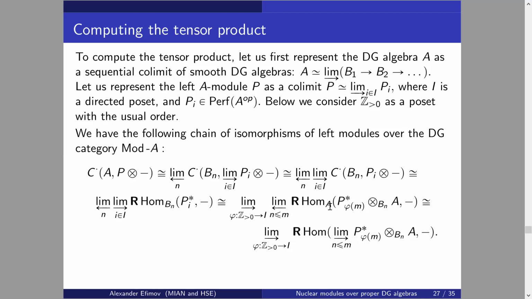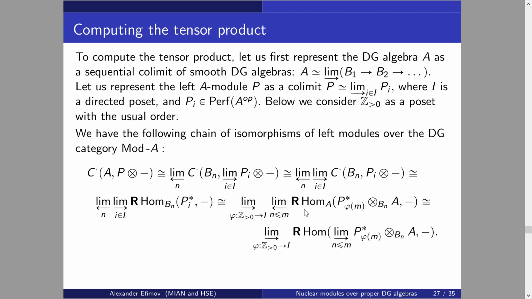Here, this is contravariant in n and covariant in m. This is obtained by using UP6 and the telescope construction for the sequential limit.